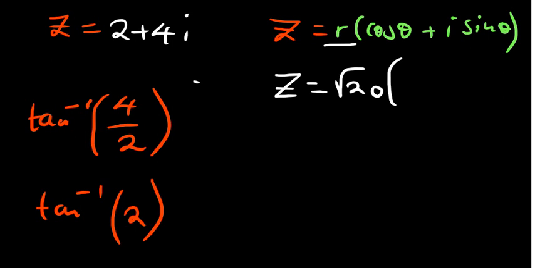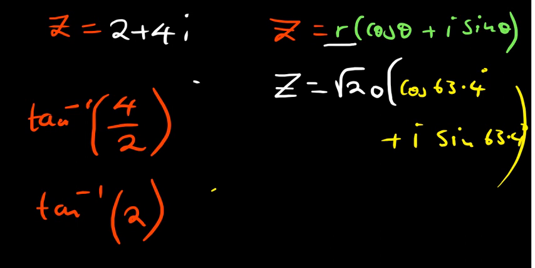I read out 63.4. Yes. So we have cos 63.4 plus i sine 63.4. It's that easy. It's very easy to work it out. Very simple. Are we together?